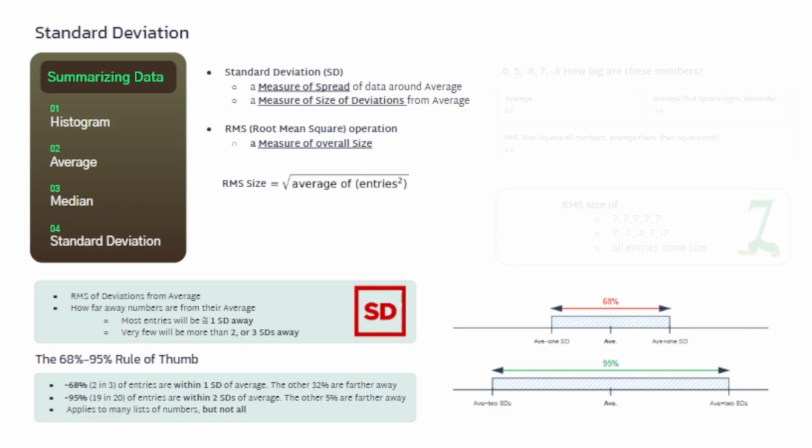Also, the 95% rule says that 95%, that is 19 in 20 of your entries, fall within 2 standard deviations from the average, and the other 5% are farther away. Also remember that this rule applies to many data sets and lists, but not to all of them, as we will see in future episodes.